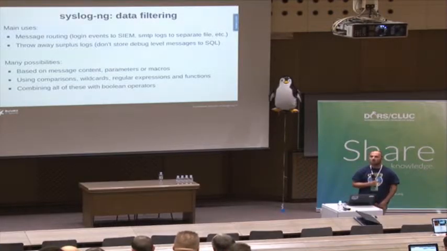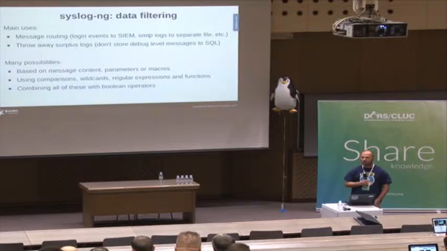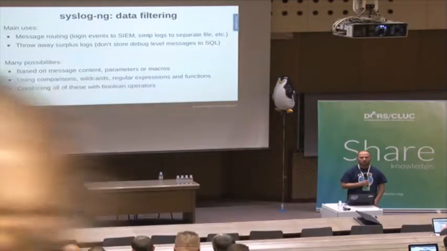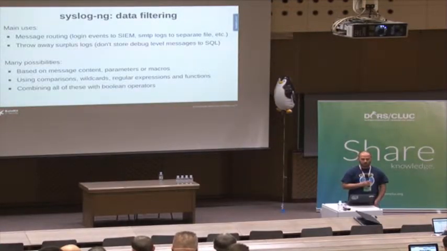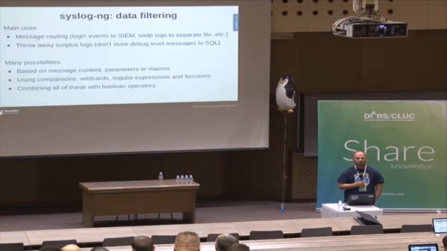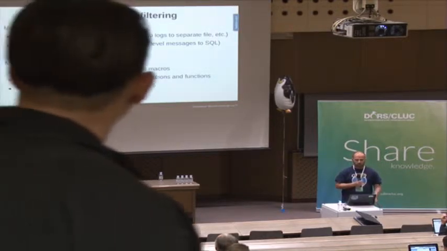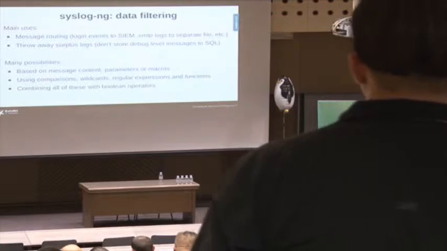There are many possibilities for filtering. It can be based on message content or message parameters, or based on the fields extracted from the log messages. One can use comparisons, wildcards, regular expressions, and many different filtering functions. And any of these can be combined using Boolean operators.